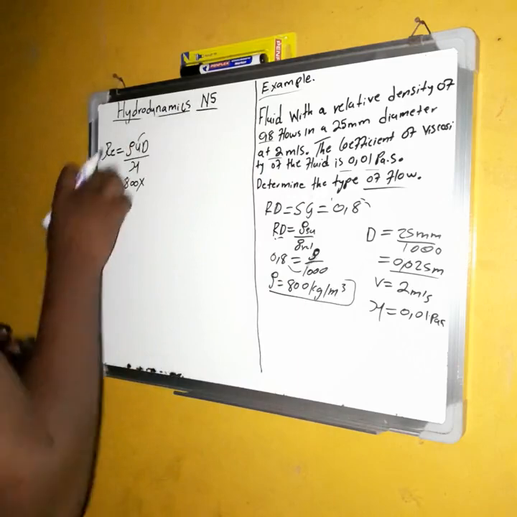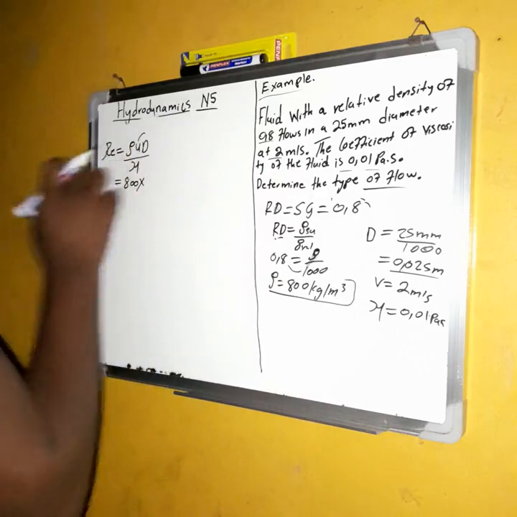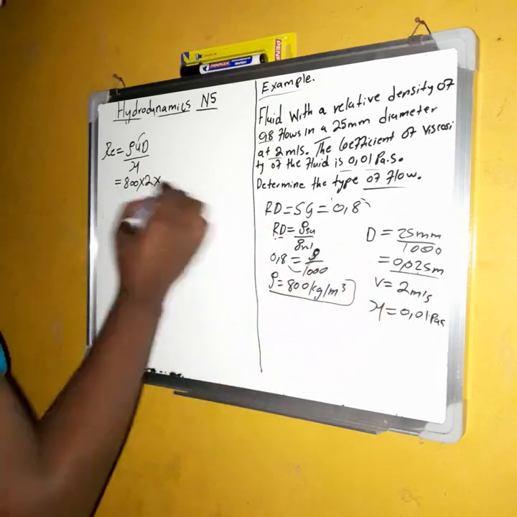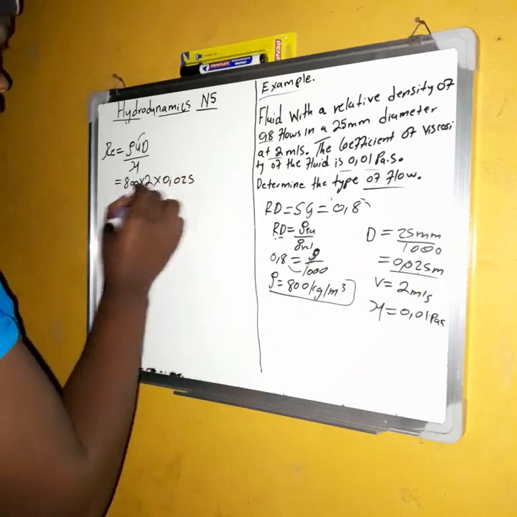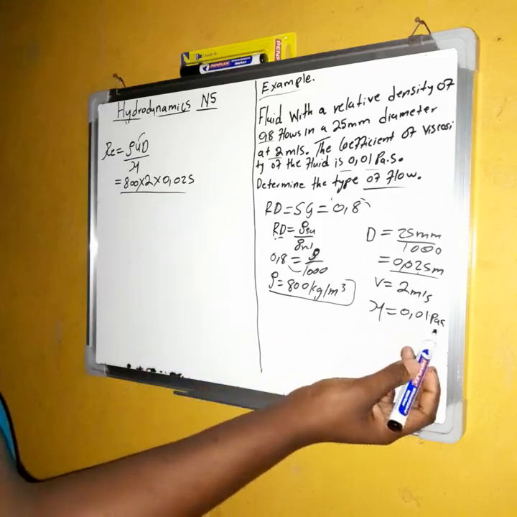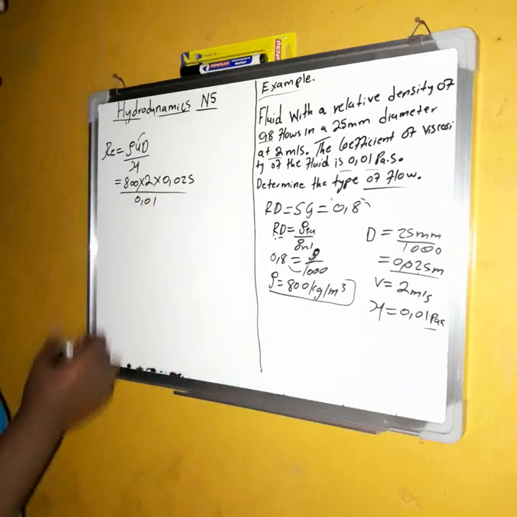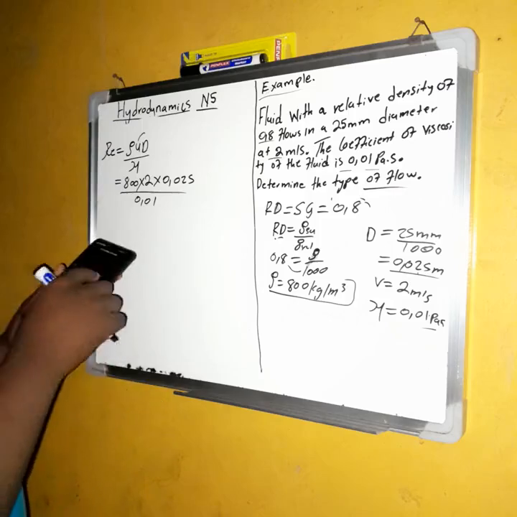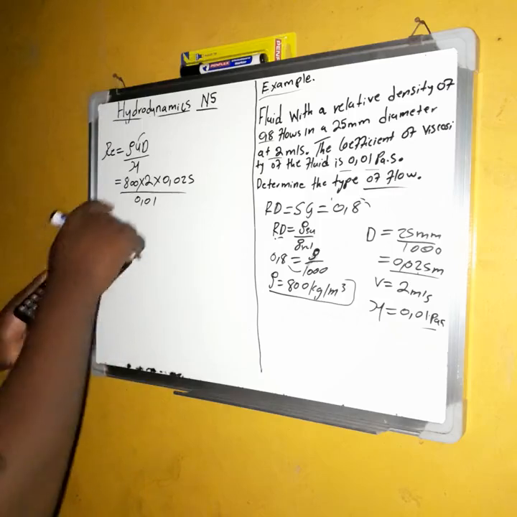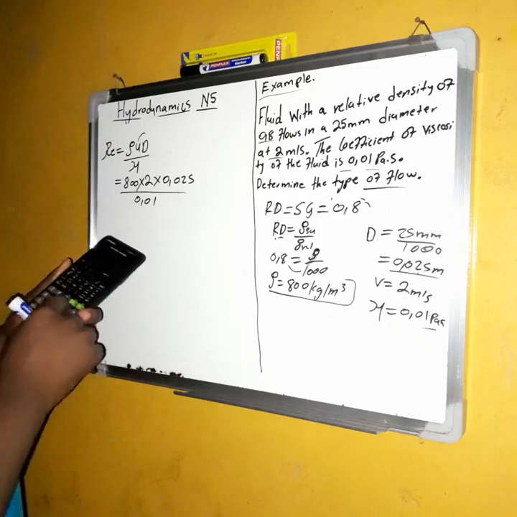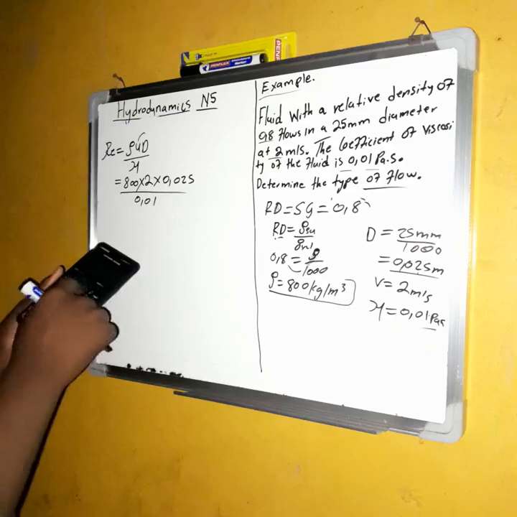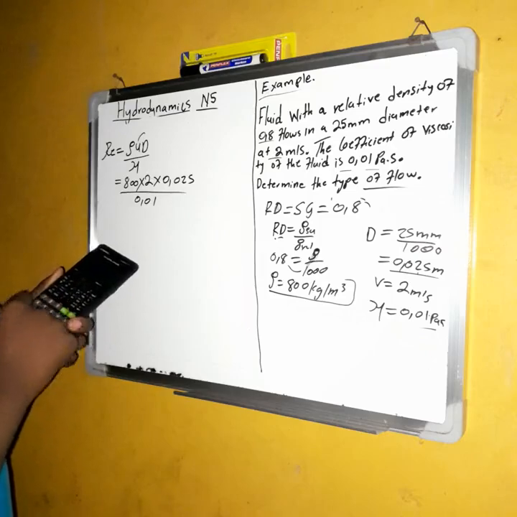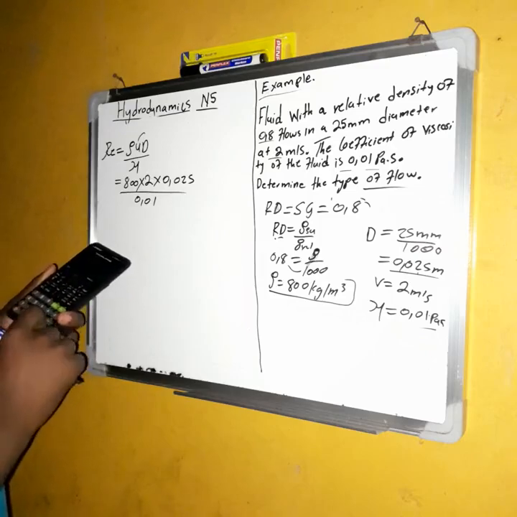So you calculate 800 multiplied by 2 multiplied by 0.025, divided by 0.01.